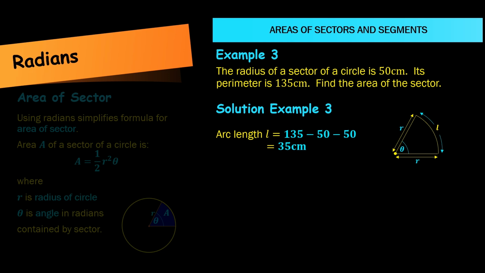And this is equal to 35 centimeters. We know that the arc length L is equal to r times theta, and therefore 35, the arc length, is equal to 50, which is the value of the radius, times theta, which is what we're required to find, before we can find the area of the sector.